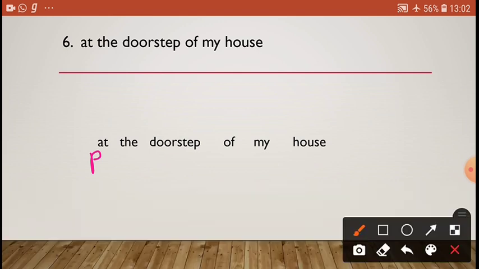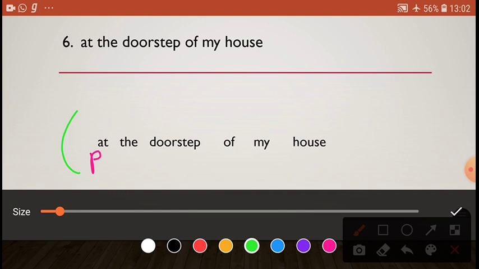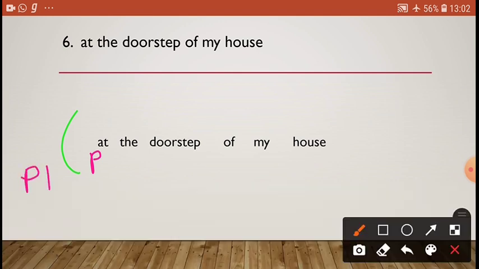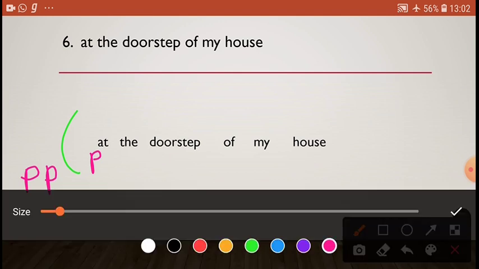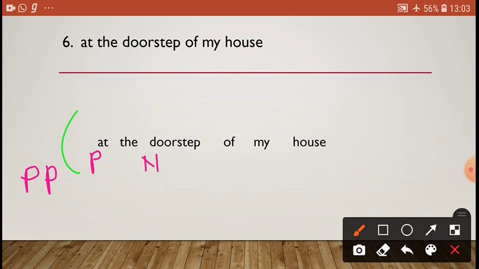So write prepositional phrase, PP. What is the head word there? Doorstep is the head word, a noun. The is determiner and it functions as modifier.